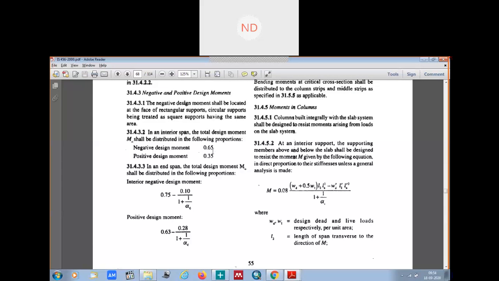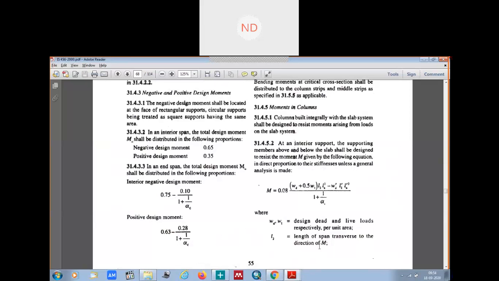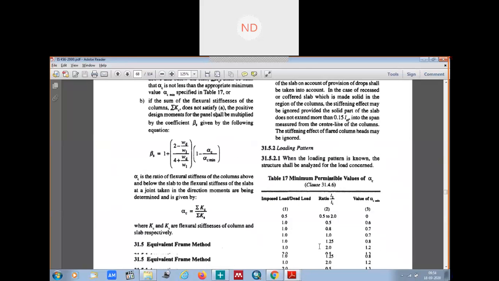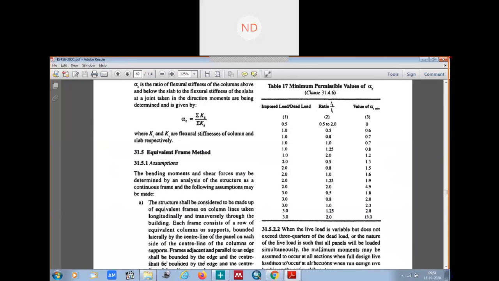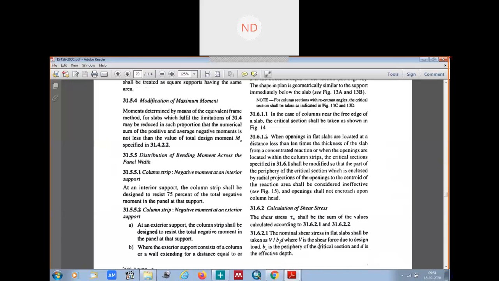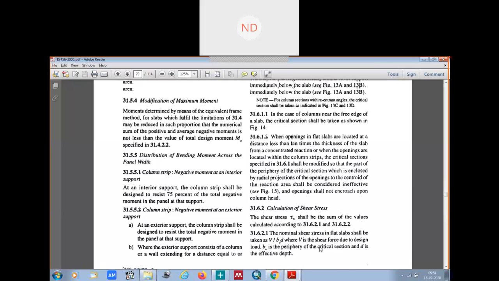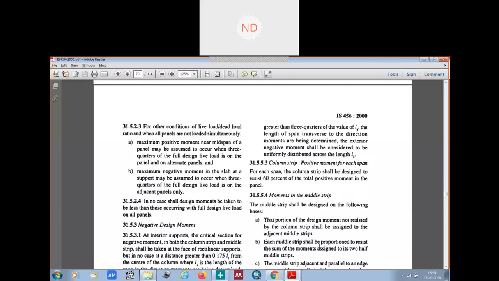This much of the total design moment shall be distributed, 35% should be distributed. So for the positive moment, 35% of the moment is to be distributed, and this 0.60, what is this? This one again is in page number 57.